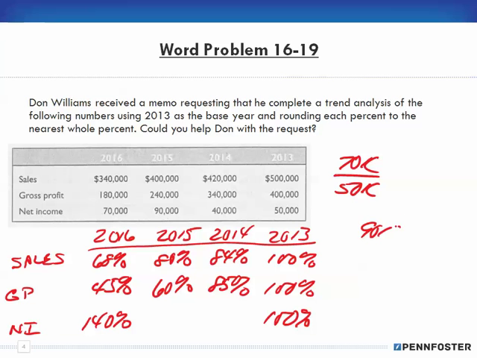90 divided by 50,000 is 180%. And 40,000 divided by 50,000, that should be less than 100%.